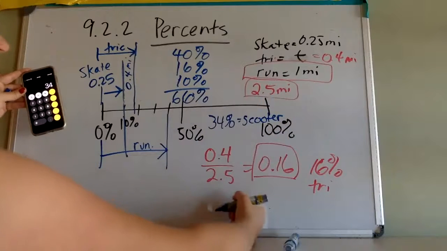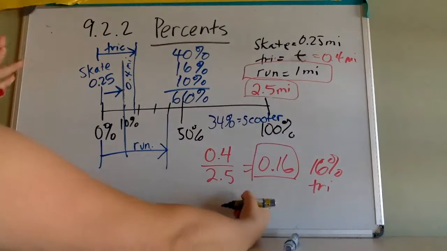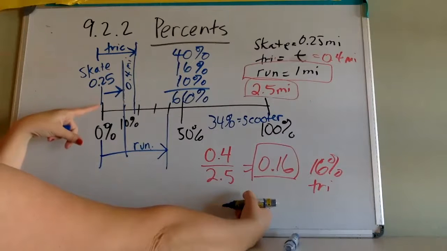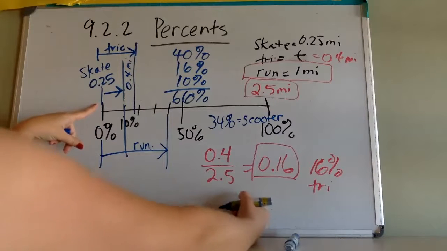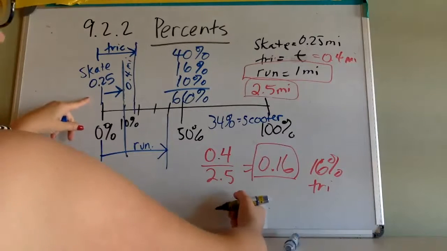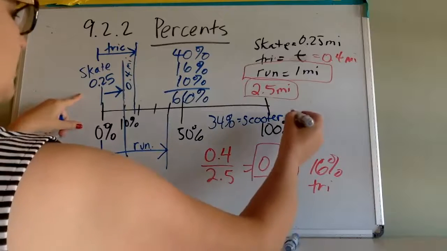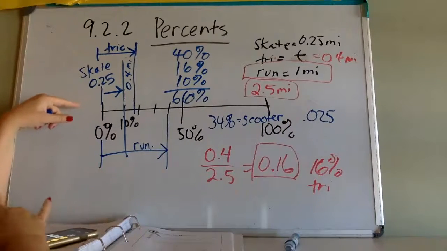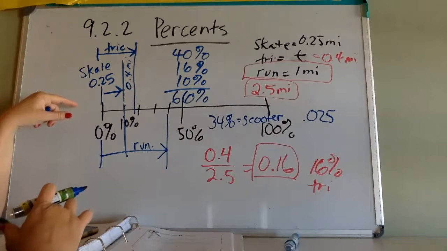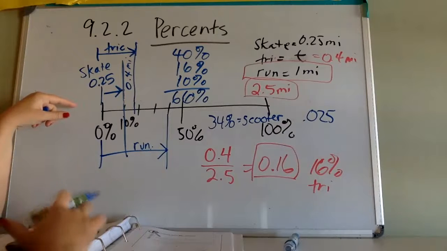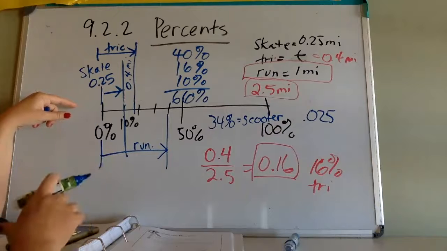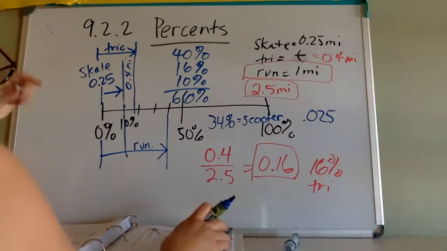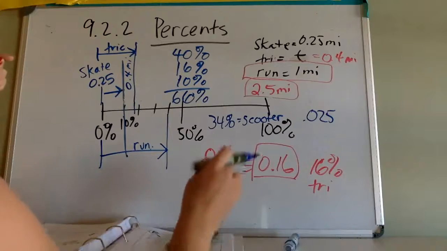And since 1% of the race is 0.025, can we do 0.025 times 34? The scooter portion is 0.84.